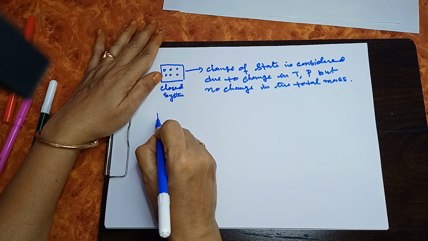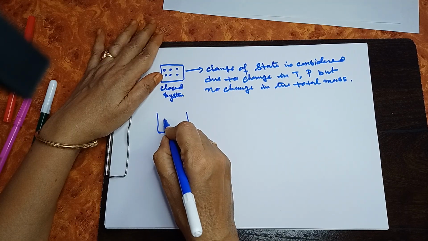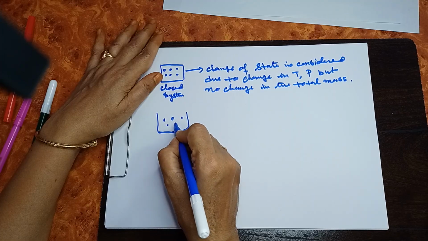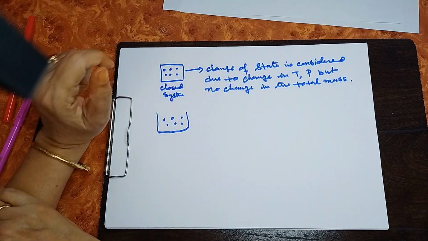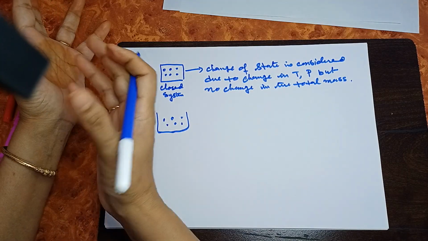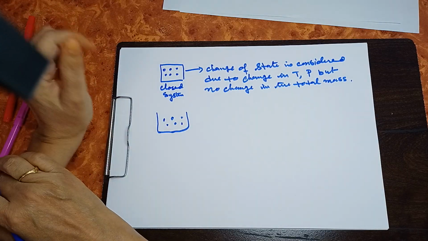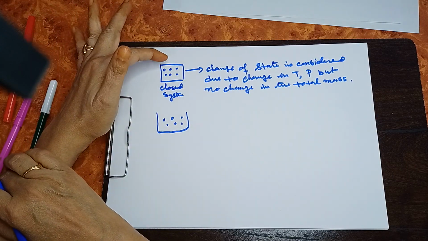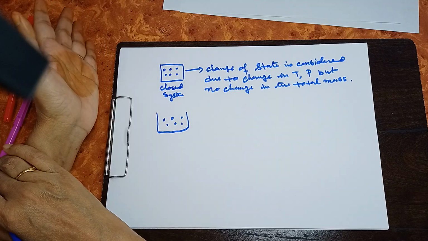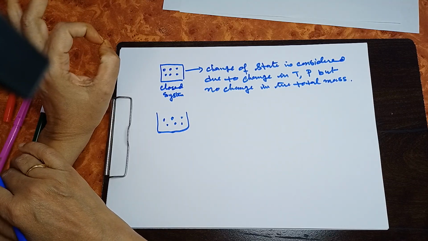But when you are taking an open system, then there may be change. Say we are taking an open system of a mixture, that is, a mixture of two or more components. Then there can be a change in the number of moles of different components.